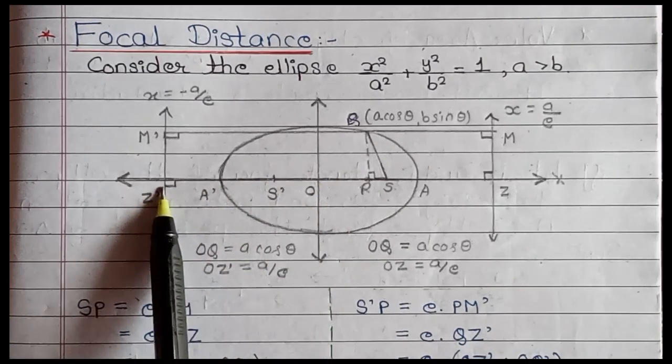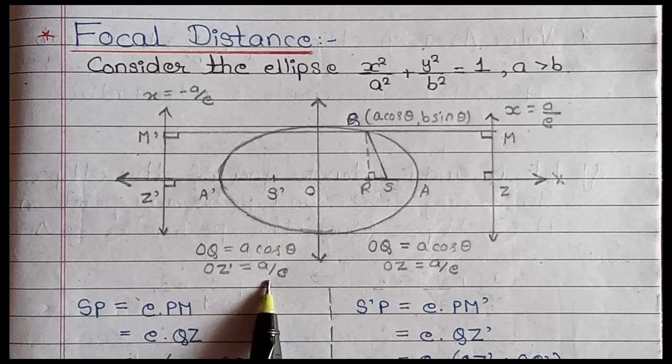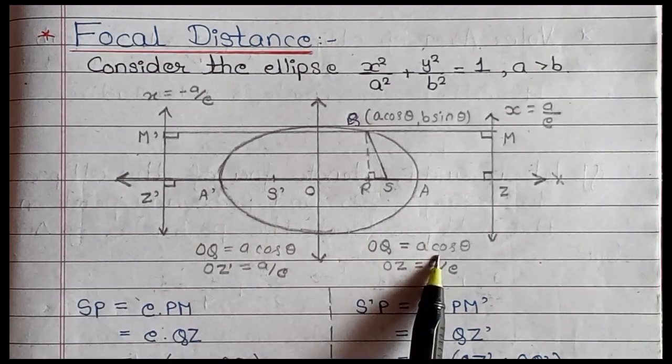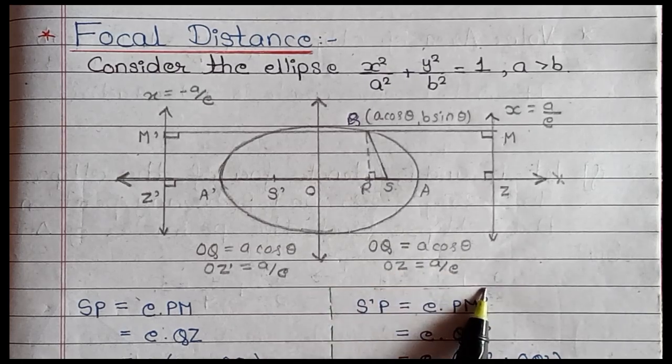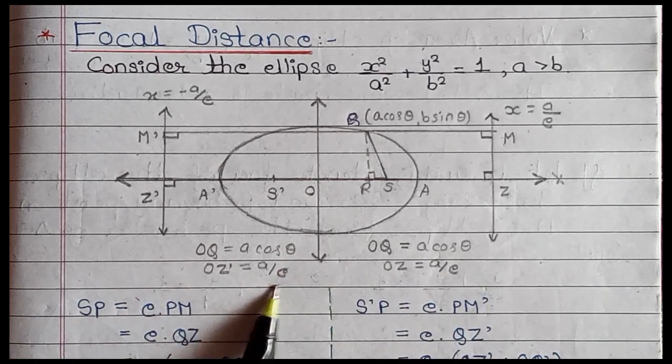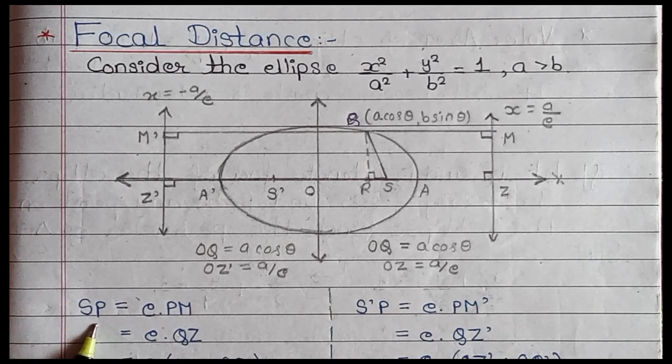OZ dash will be a by e, and OQ here is a cos theta. OZ is equal to a by e. Here we have not considered the minus sign, so you have to consider it when solving. SP, we know the general form, which is SP is equal to e into PM.